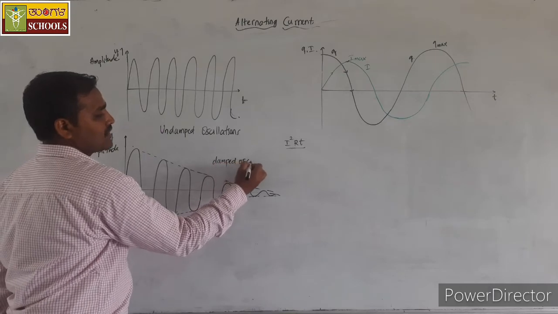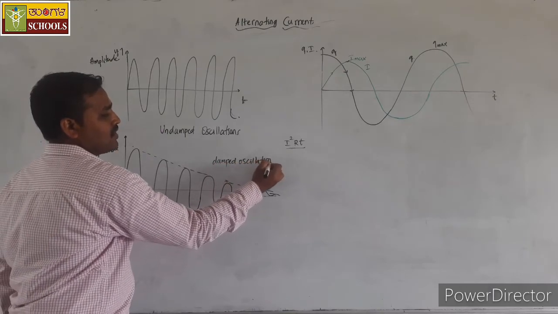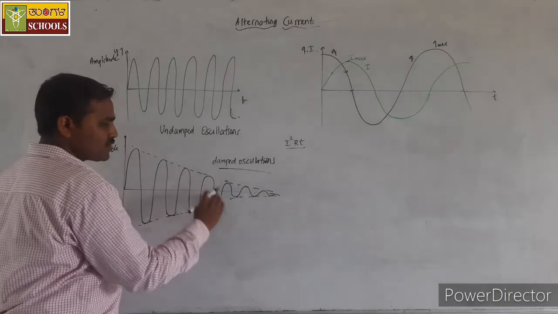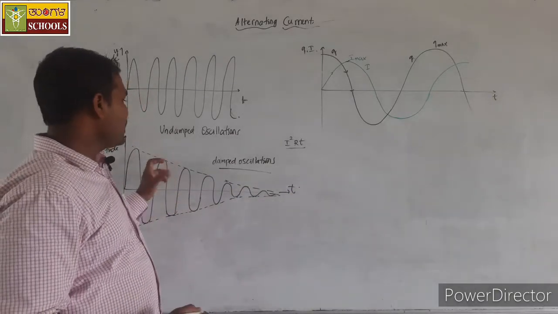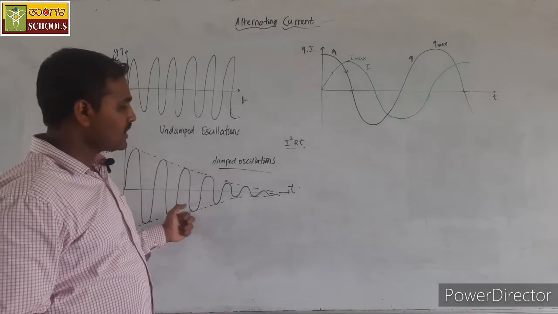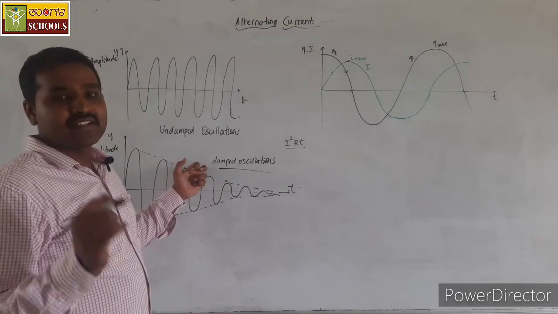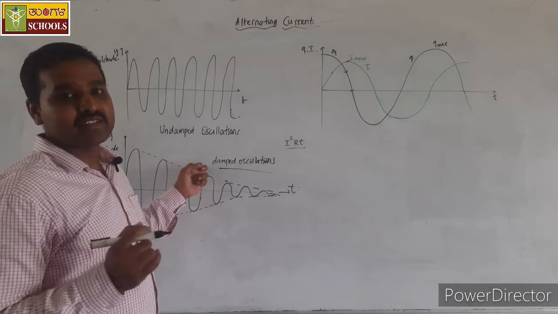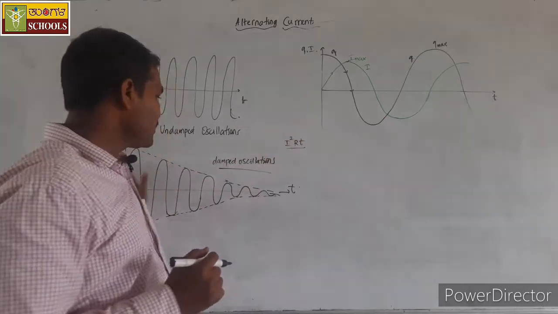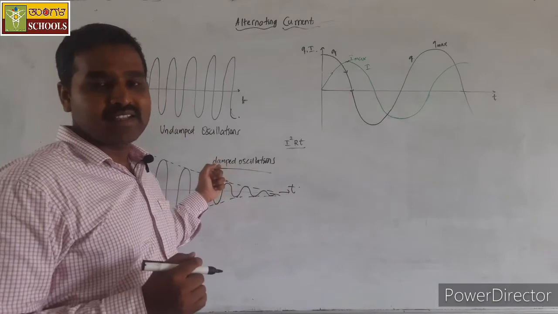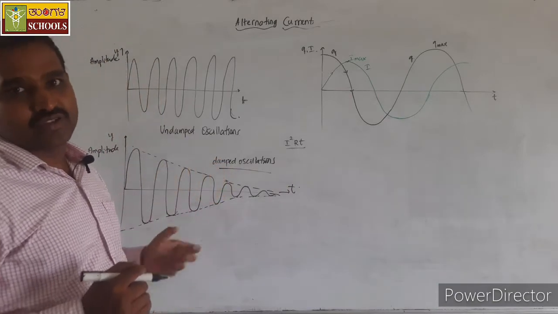Damped oscillations are the oscillations whose amplitude gradually reduces with time. Practically observable oscillations are damped oscillations because the LC circuit will have some finite resistance for the flow of current which reduces the energy. Hence, gradually with respect to time the oscillation amplitude gets reduced.